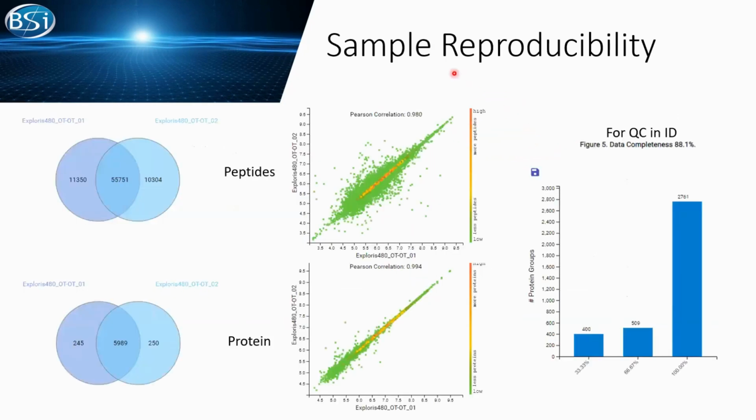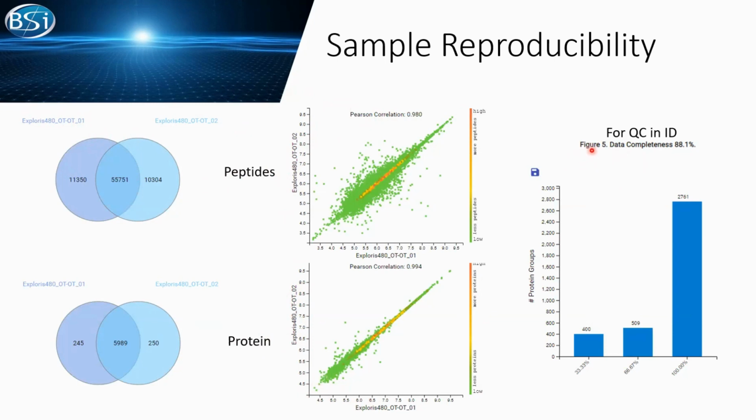For checking sample reproducibility, like we mentioned earlier in our webinar, we also provide an identification Venn diagram for the quantification. We provide a Pearson correlation chart for peptides and proteins. For this kind of comparison, you can choose any 2 samples that you would like to compare and put them in here. You can see at this moment my peptide and protein quantification correlation are excellent between sample 1 and sample 2.